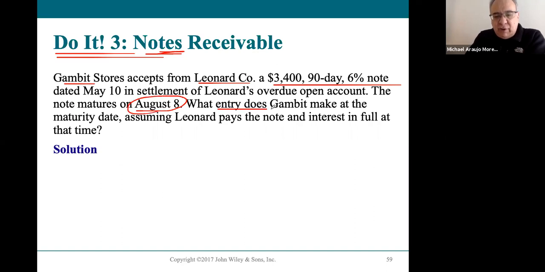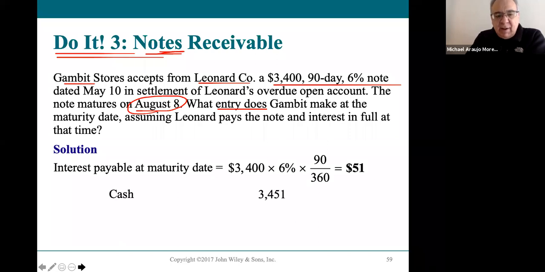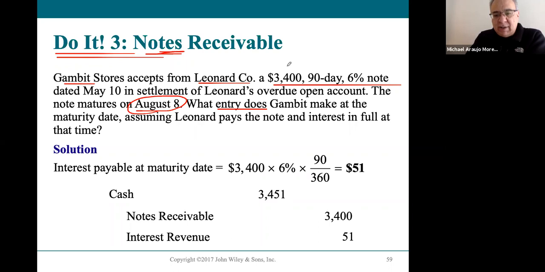So what entry would Gambit make at the maturity date, right? So on August the 8th, they would be collecting $3,451. That's the $3,400 note and the $51 of interest, all paid in cash on the due date. 3,400 of that is the note receivable. $51 of that is interest revenue. And that's how we would record it.